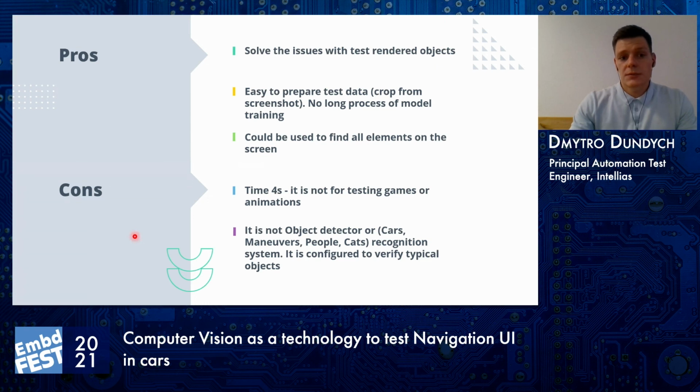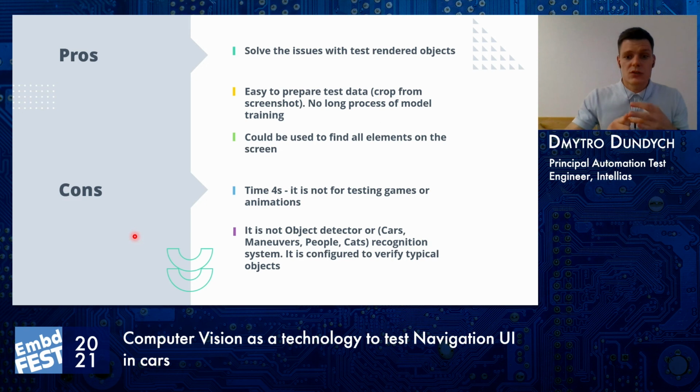So actually, what about advantages and disadvantages? Of course, computer vision can solve issues with rendered objects, for example simple screenshot matching. Actually, it's easy to prepare data. You just make a screenshot, crop it, check it, and if you're okay, you just put it into your framework.